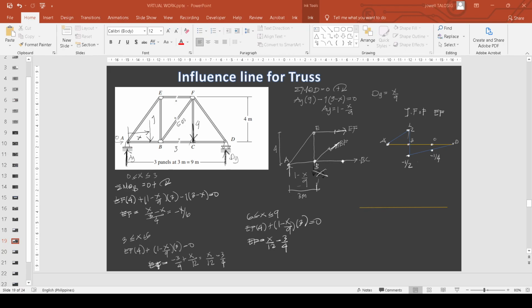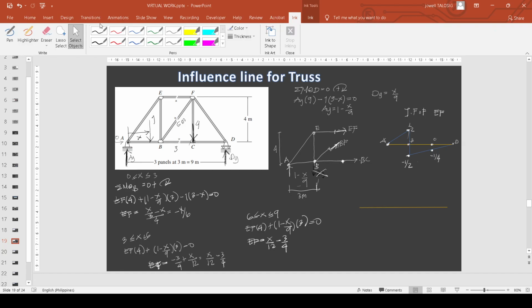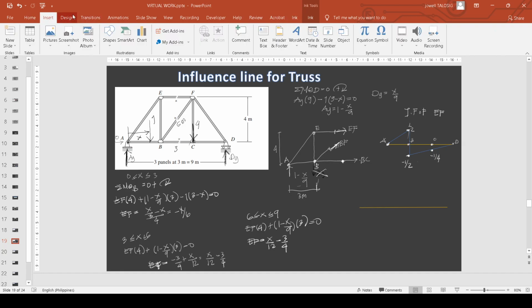So please try to solve this one. So check if you will get the same answer as my answer, no? So ang magiging itsura nito, I will not show my solution, but let me help you to do the final answer. So the final answer will be like this one.